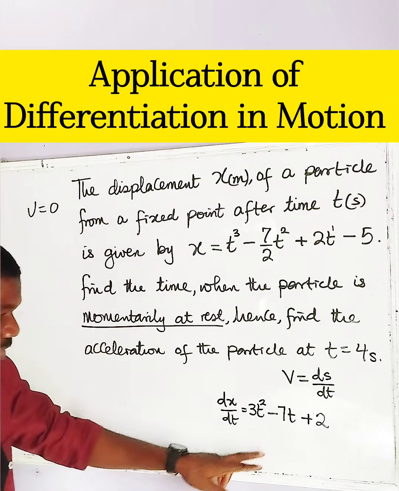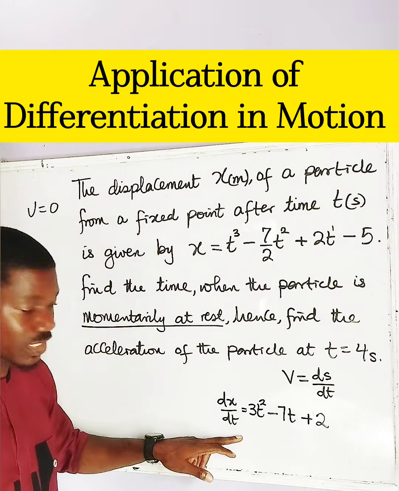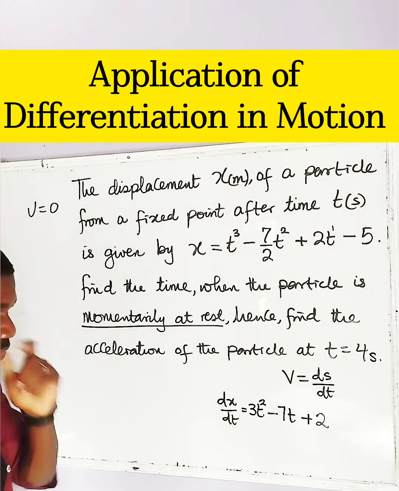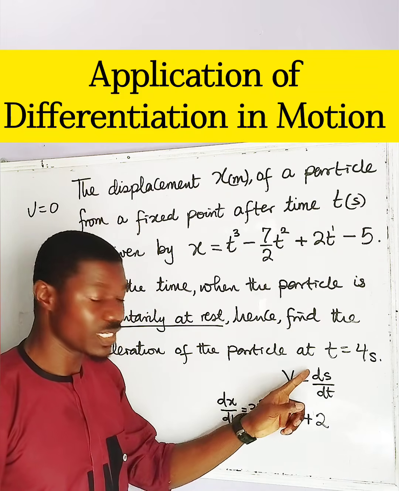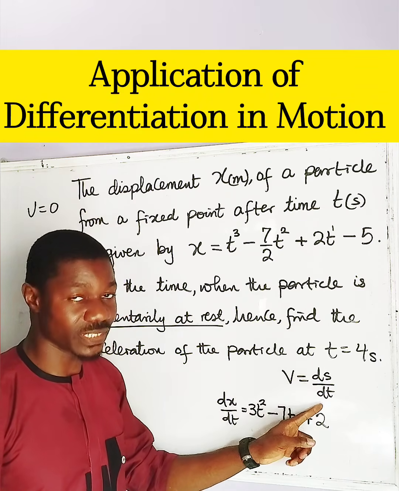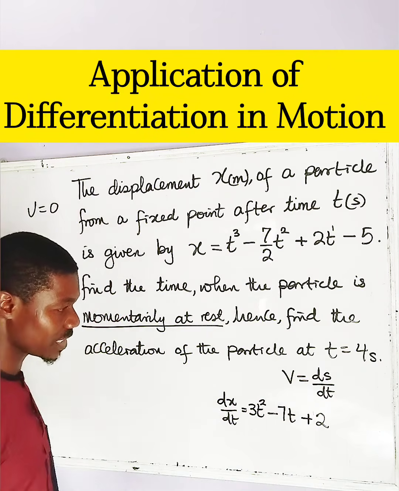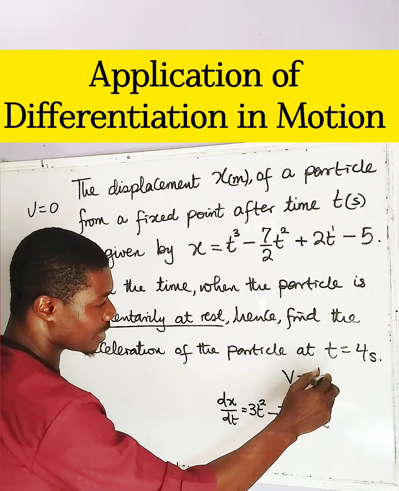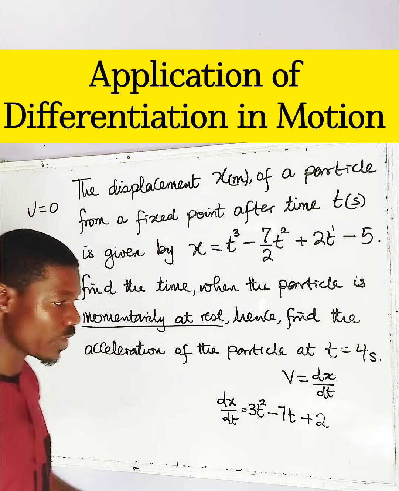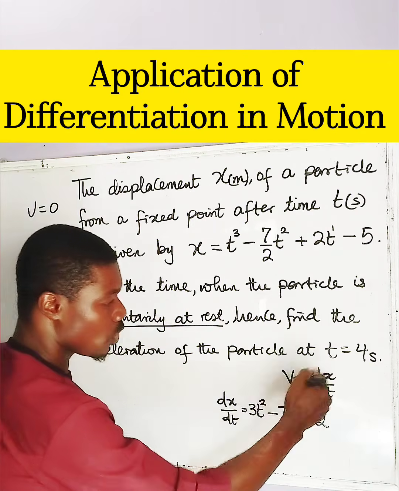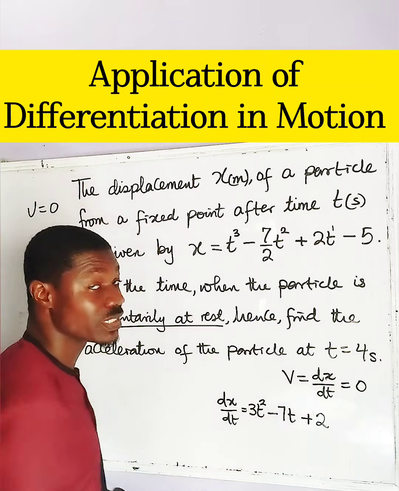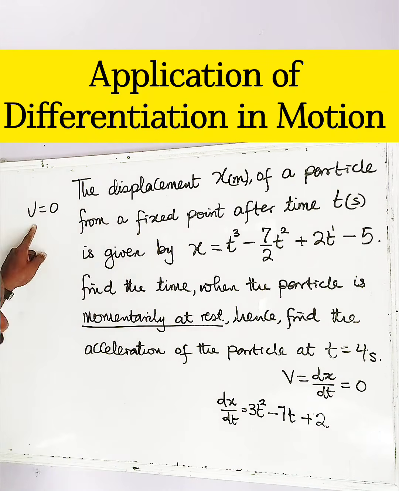So to this end, we have this function here. Let's take note that our velocity equals ds over dt, and the s is the same as our x. Momentarily at rest implies that the whole of this must be equal to 0, because v will be 0.